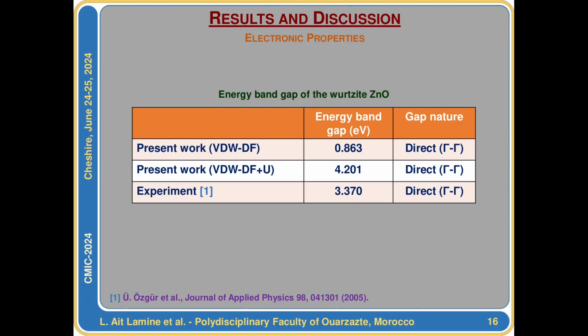So the calculated value using VDW-DF plus U approach is 4.20 electron volt. It is an overestimated value compared to the experimental one.